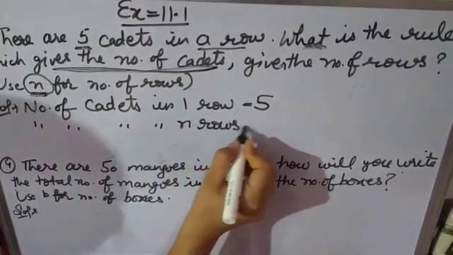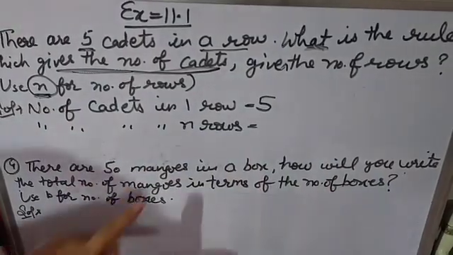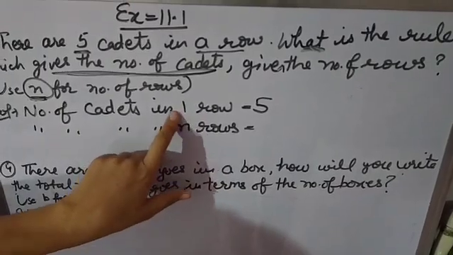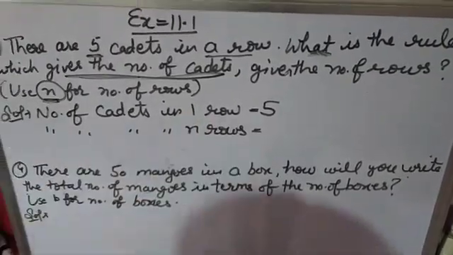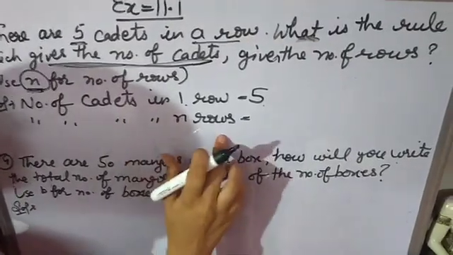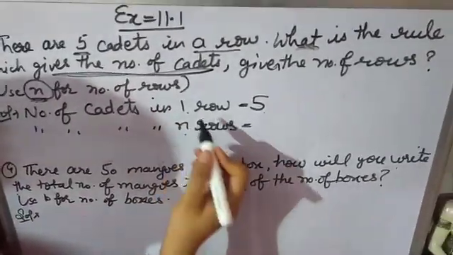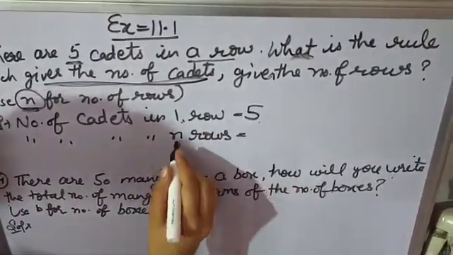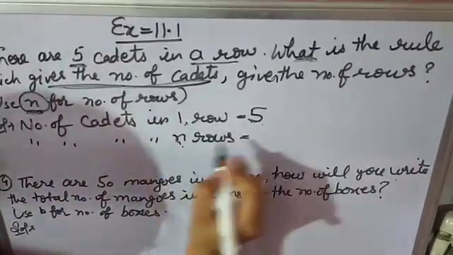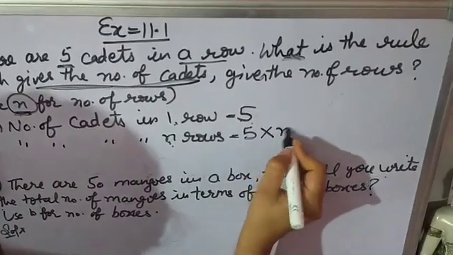Now we will compare this n to 1. This value will be greater than 1, because the value of one row is given and you have to find the value of n rows. So for this we will multiply these two. We will use the unitary method: 5 into n, 5 multiply n.